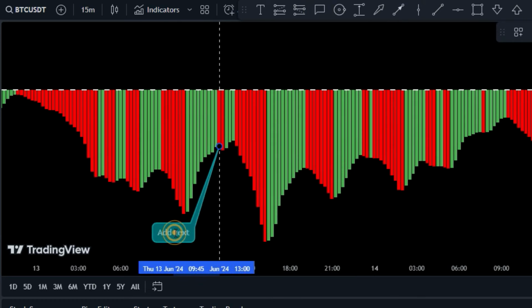So when all these conditions come together, it's time to open the sell position and watch your profits grow.